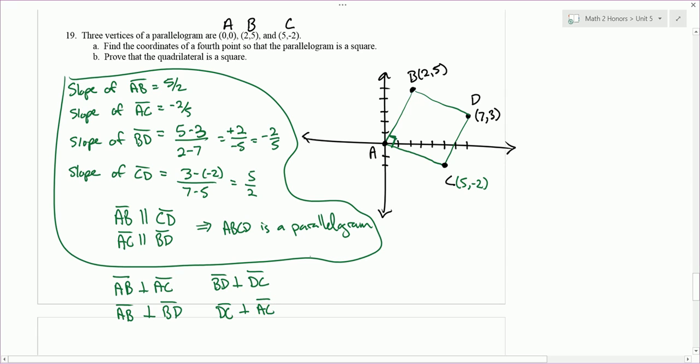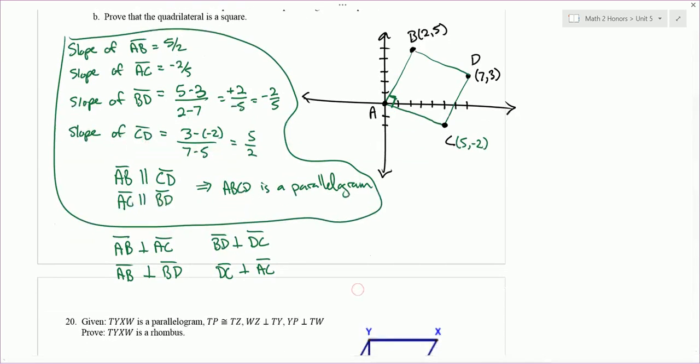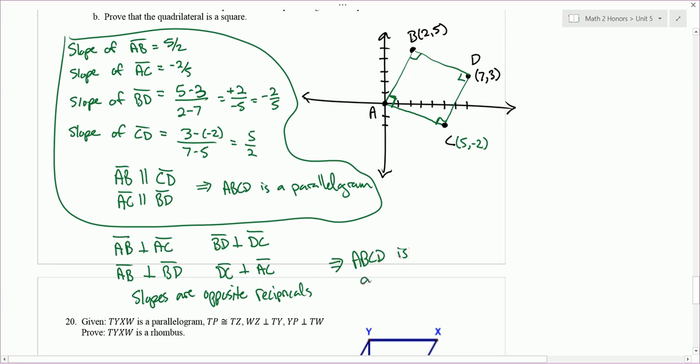And this is because the slopes are opposite reciprocals. Which is telling us that all these are 90 degrees, and so ABCD is a rectangle.